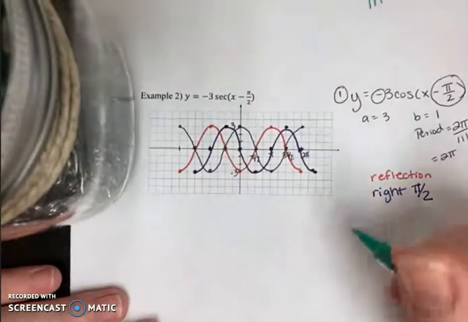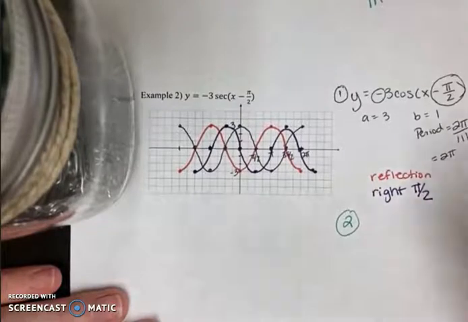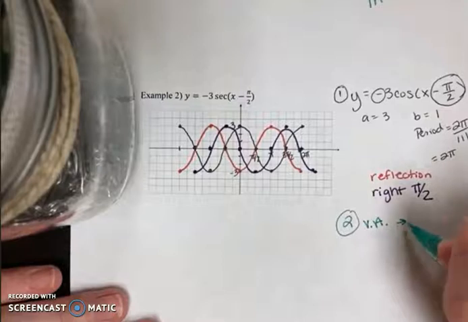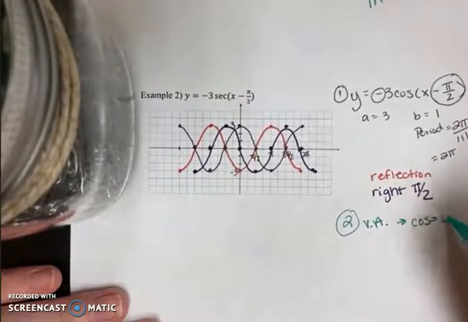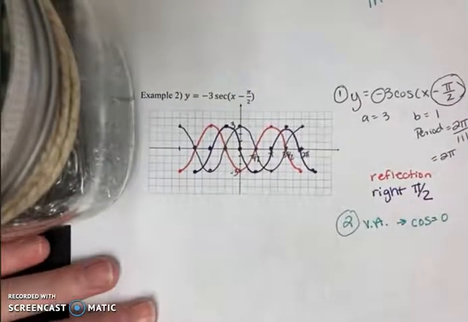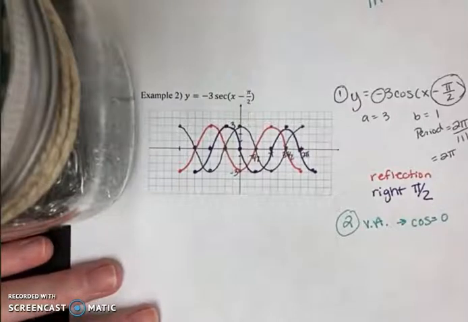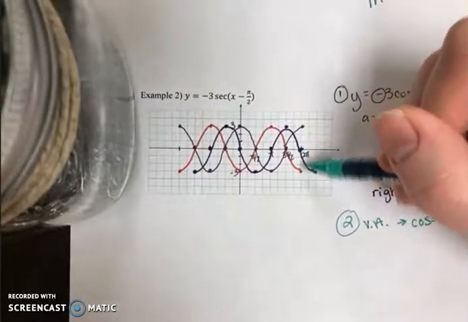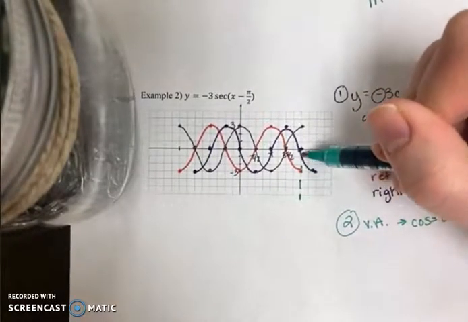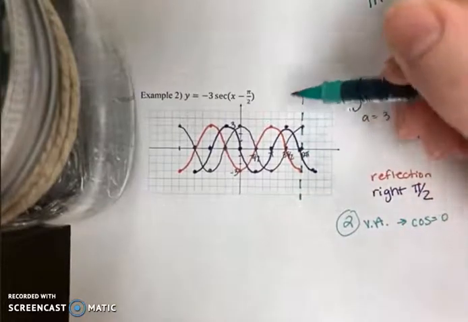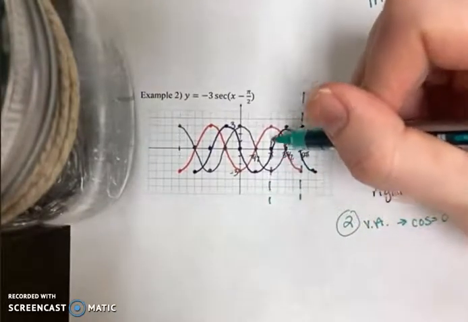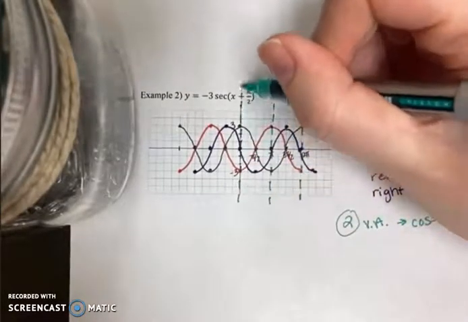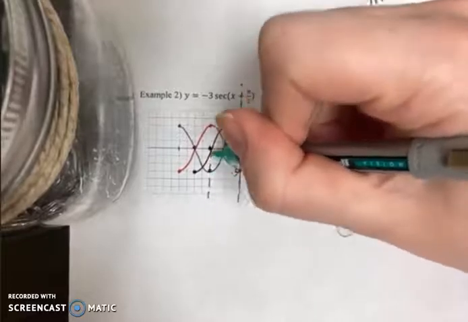But we're not done yet because now we're going to have to create vertical asymptotes wherever cosine is 0. So we need to look at the purple graph, and you can see that we have x-intercepts at 2 pi, pi, 0, and negative pi.